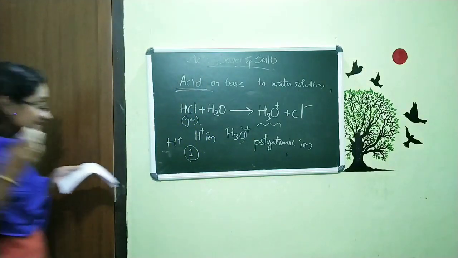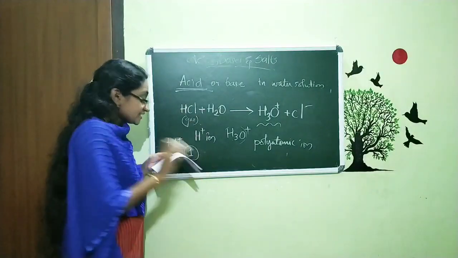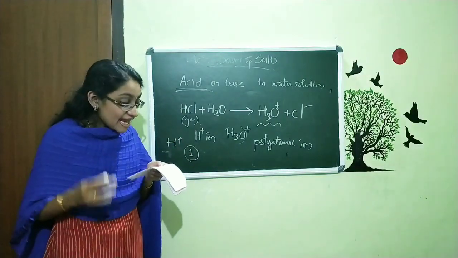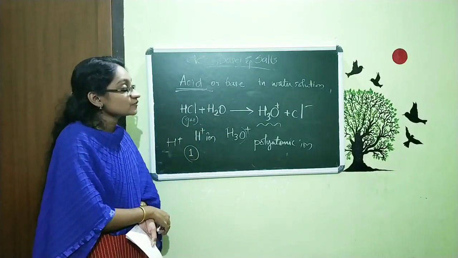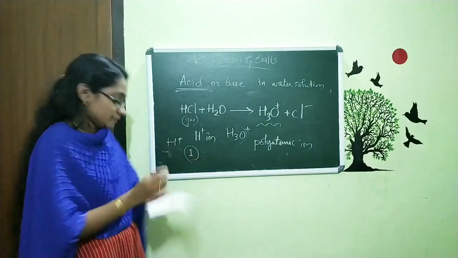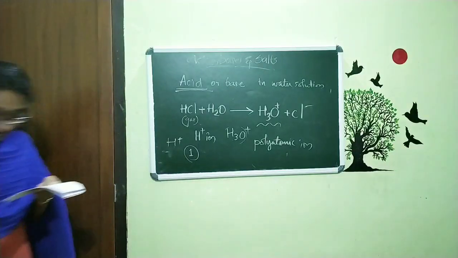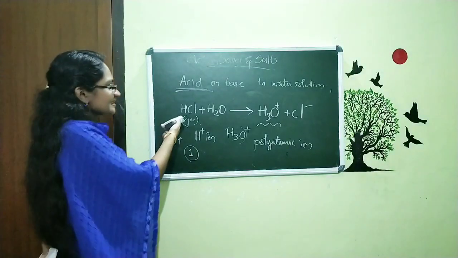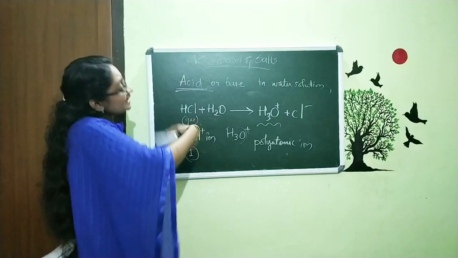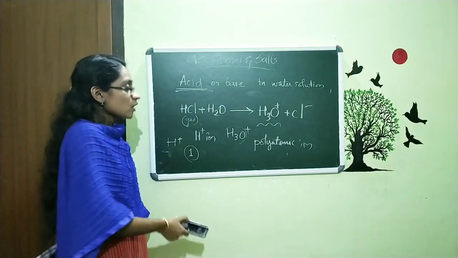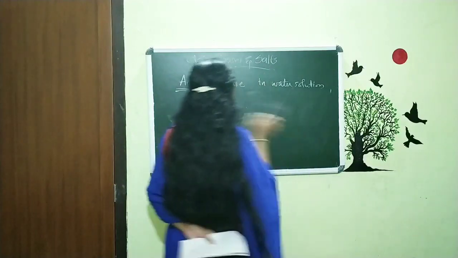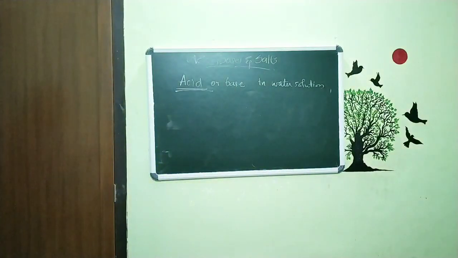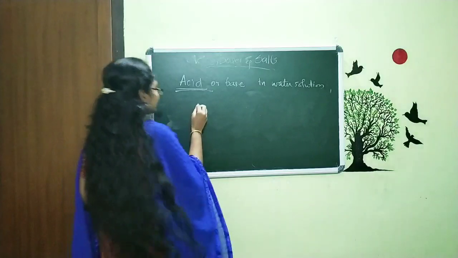That is, the hydrogen H plus ion cannot exist alone and combines with the H2O molecule, and therefore forms the H3O plus ion. Here we selected HCl and water. Now we are going to write it avoiding HCl and just selecting the H plus ion.